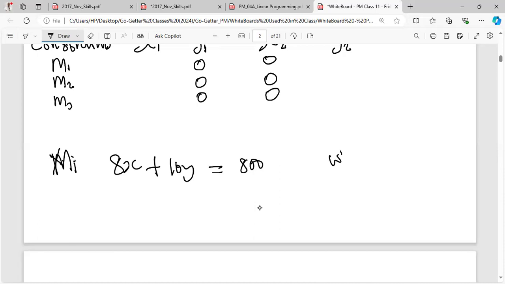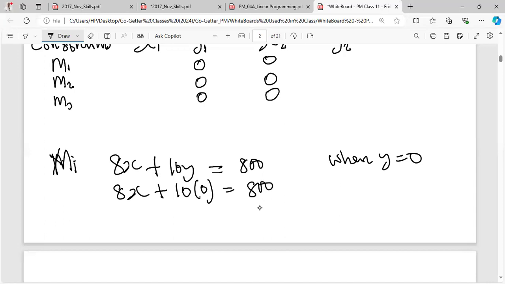Then you will say when y equals 0, we will have 8x plus 10 times 0 equals 800. So 8 times x is 8x plus 10 times 0 is 0.